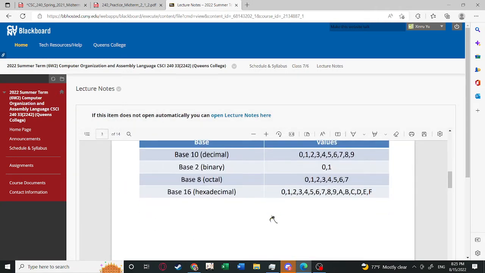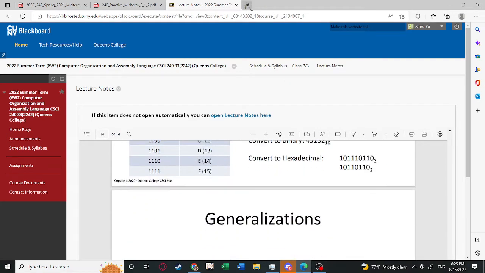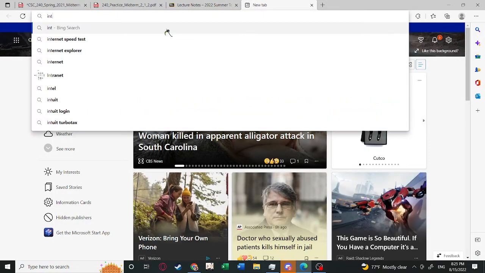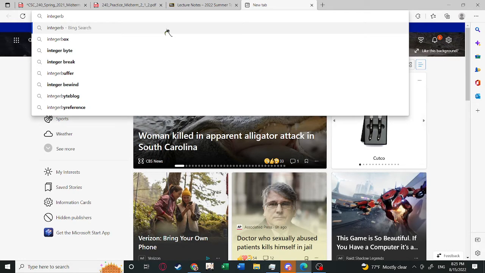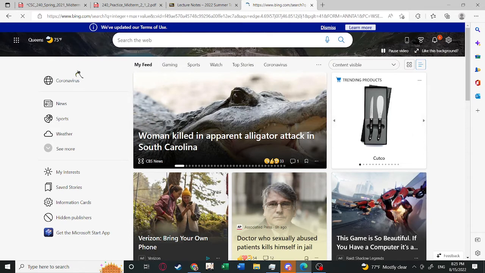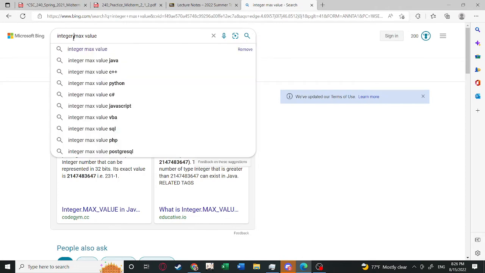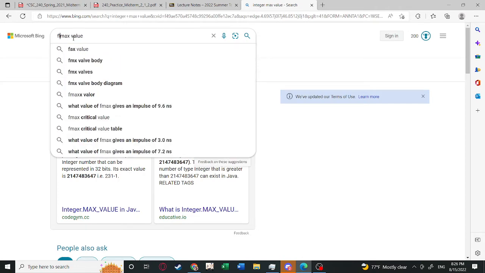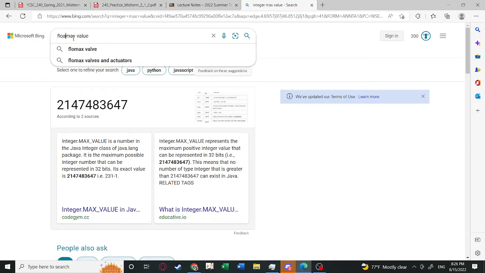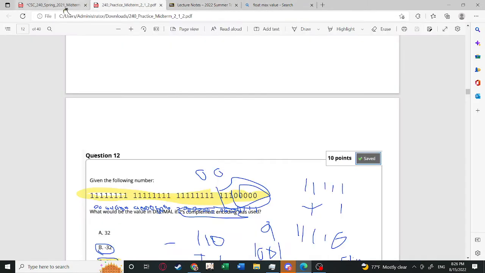Because look, it's easier to Google this, right? The largest integer you can produce is this number, right? If you go to float, it is even larger. So this is why it's true.